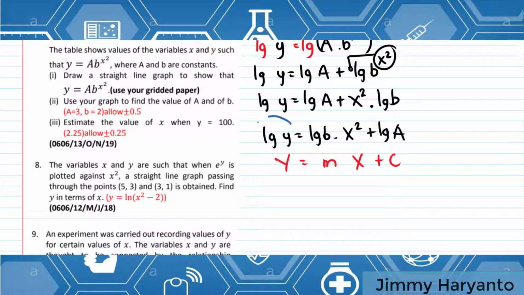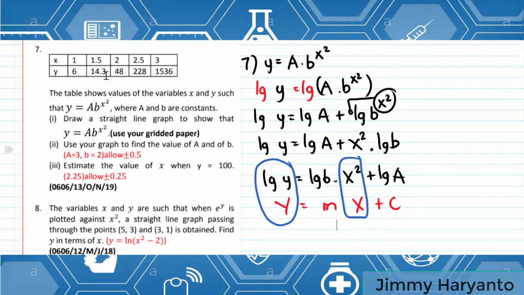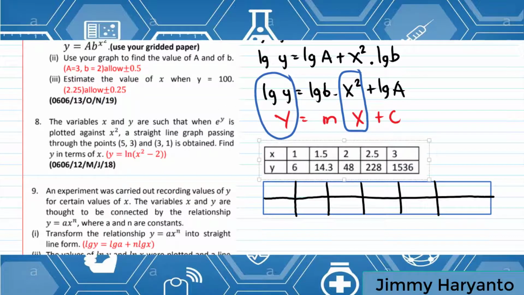So I have to plot LG Y on the y-axis and x squared on the x-axis, and draw a straight line graph. Okay, so this is the table. The table shows us x and y, but we need x squared and LG Y, so we have to create another table. We write x squared right here and LG Y right here.